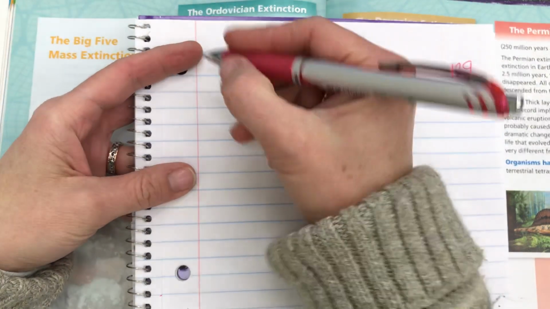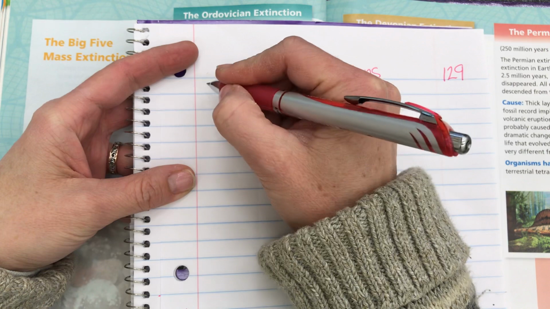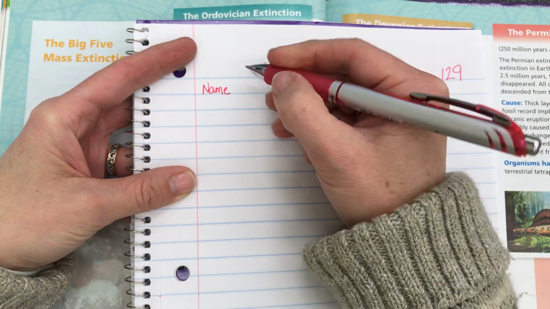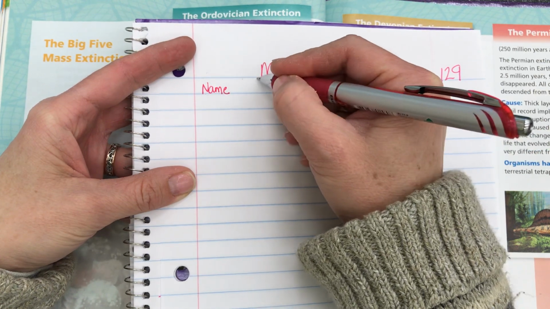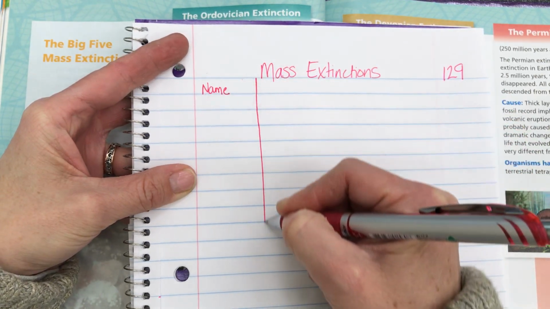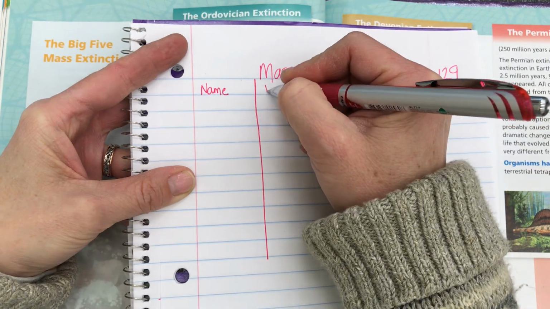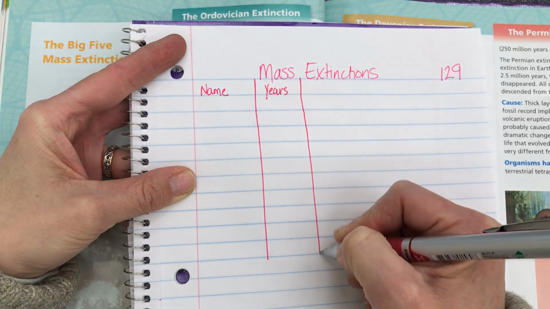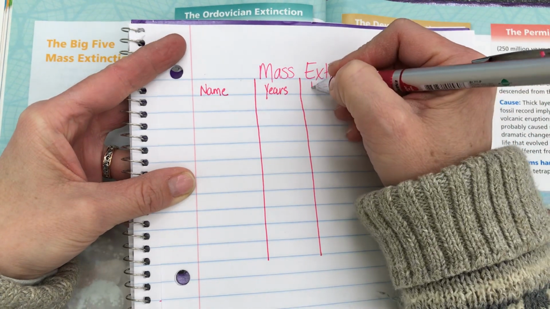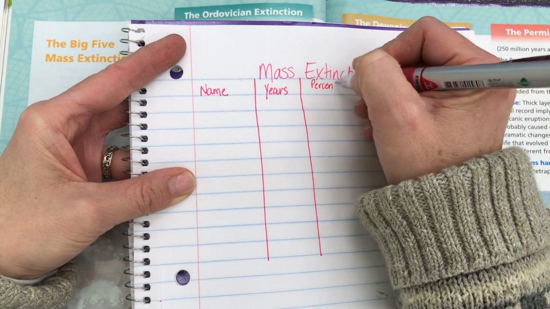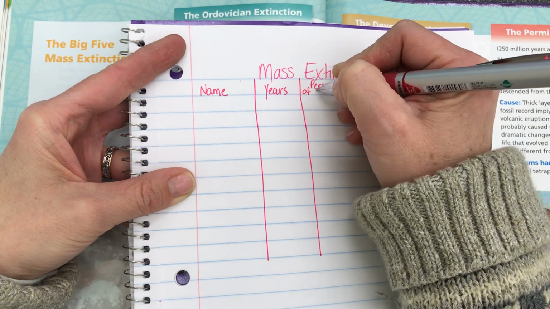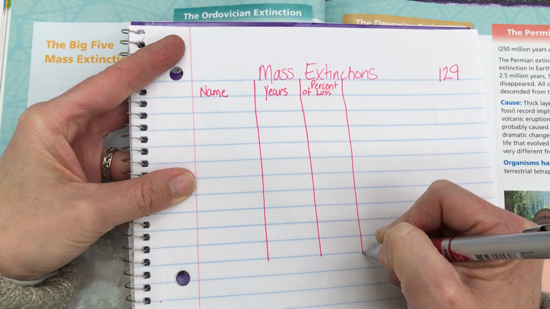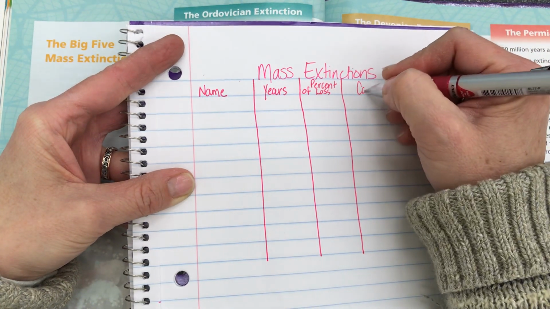So the first thing we're going to do is we're going to want to know the name of the extinction, and then we'll draw a line here. And then the years, and percent of species lost, and the cause.